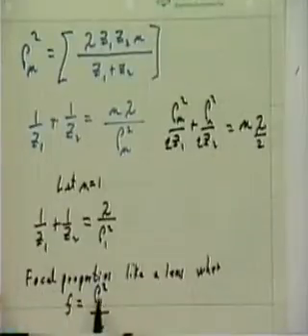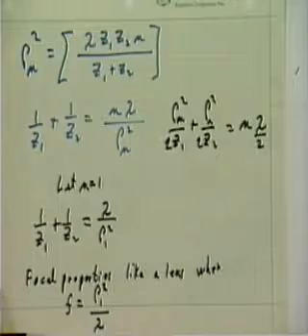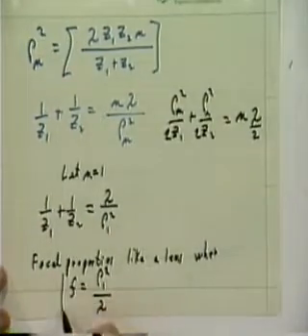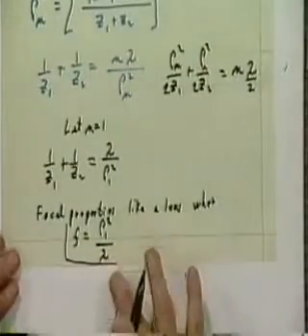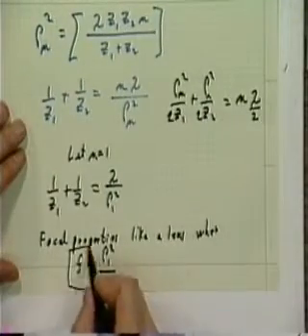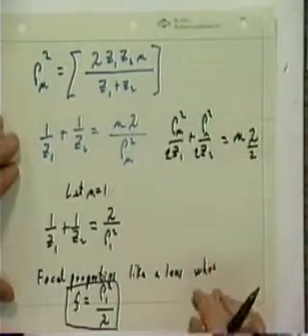So it's the radius of the first Fresnel zone squared divided by the wavelength.